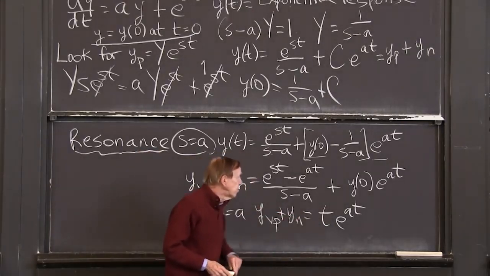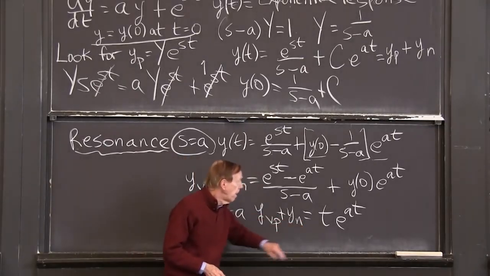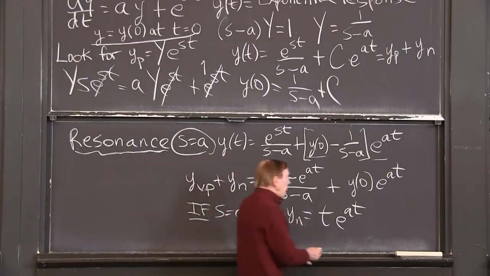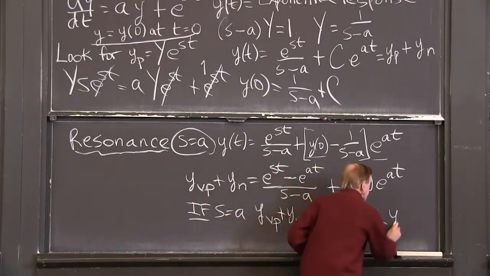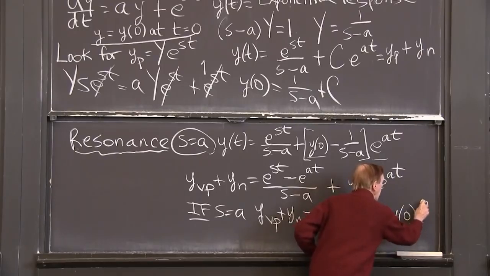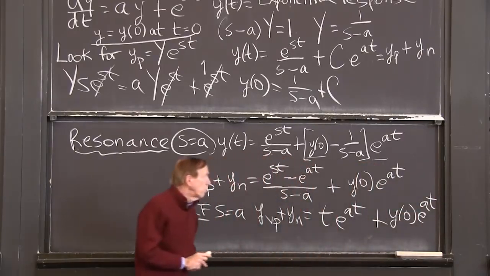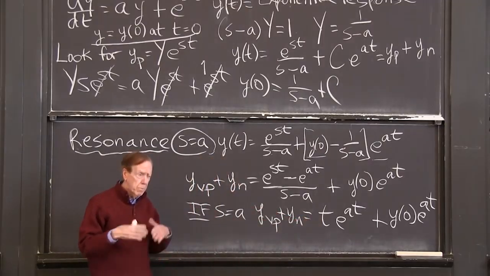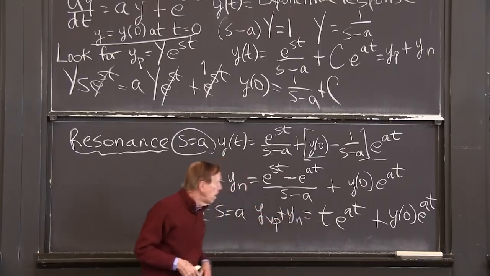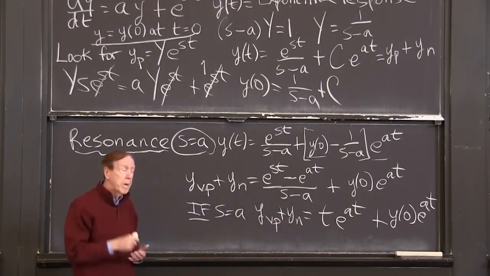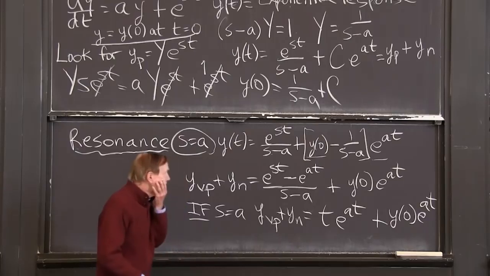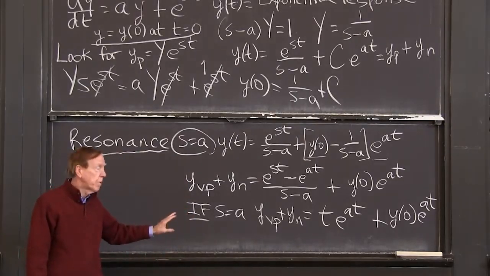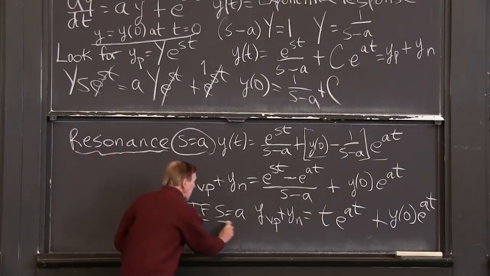So that's the solution which starts from 0 and comes from the input, and this is the part that starts from y of 0 and grows. So you see, eventually, this is going to be the bigger one. The resonant case grows like e to the at with that little bit extra growth of t. Okay, so now I have the solution in that special case also when s equals a.